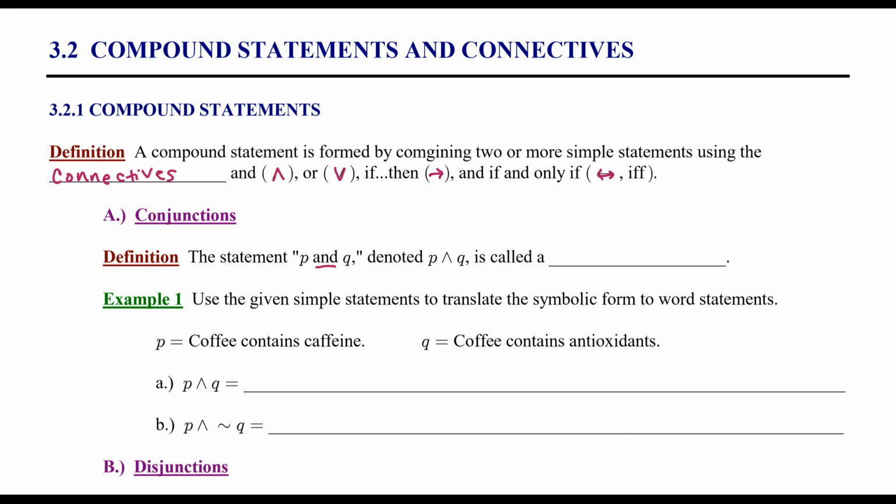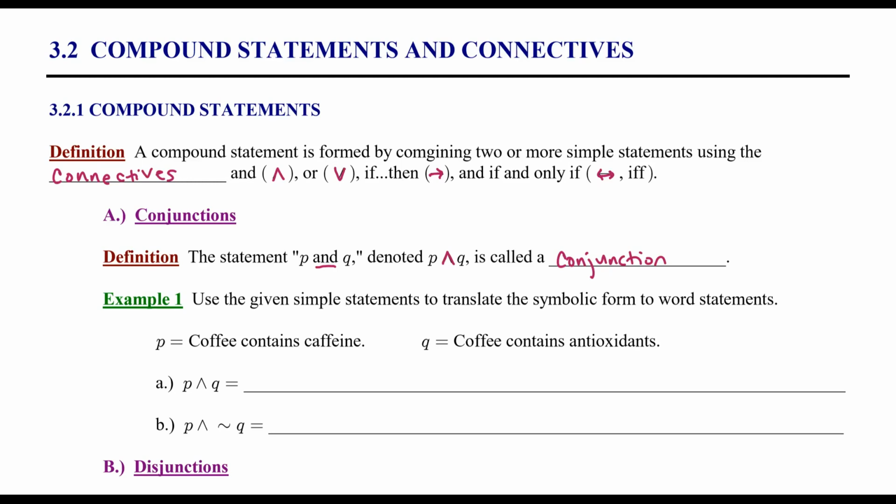We symbolize this as P and Q. This is called a conjunction. So specifically in a logical statement, two simple statements joined by the word and, only and, is a conjunction. There are other words in the English language that are classified as conjunctions as far as grammar goes, and, or, but as far as logical statements go, a logical conjunction is two statements connected by the word and.